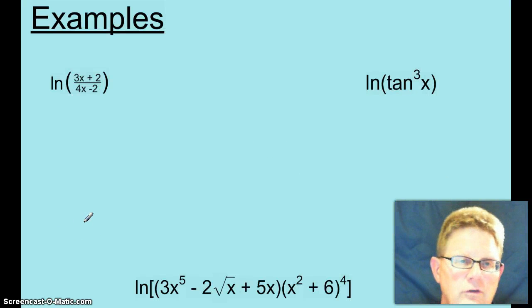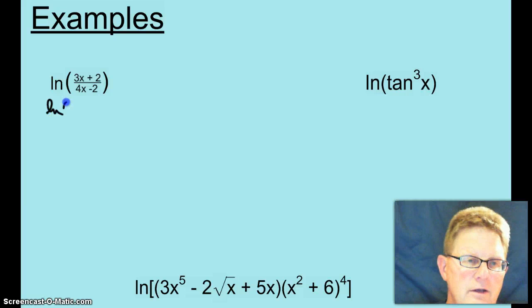Alright, let's look at something just a little bit crazier. We're going to rewrite this as the ln of 3x plus 2 minus the ln of 4x minus 2.